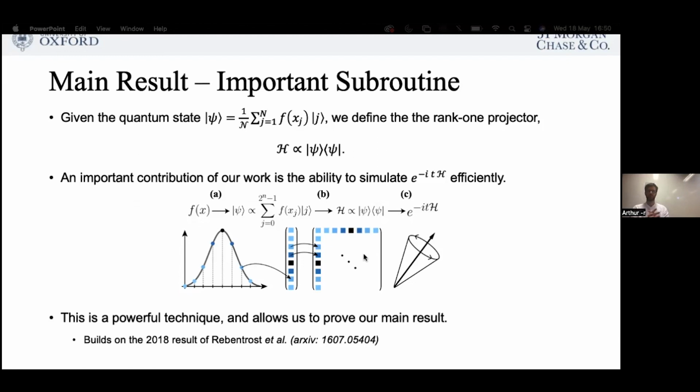We get the same error dependence of 1 over epsilon. So quadratic improvements in the error dependence over classical Monte Carlo. But just based off the fact that our dependence on the filling ratio is squared rather than to the -1, we get a quadratically worse dependence on what is effectively the filling ratio when compared to existing quantum algorithms.